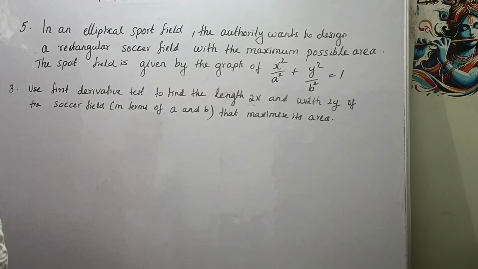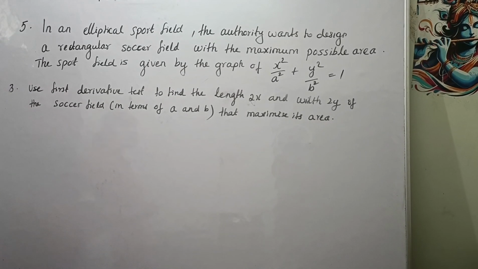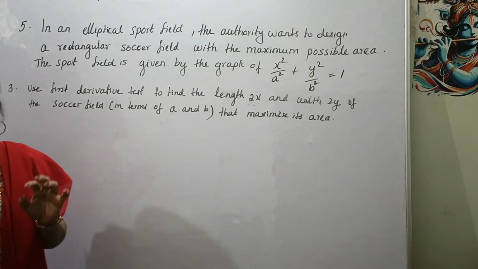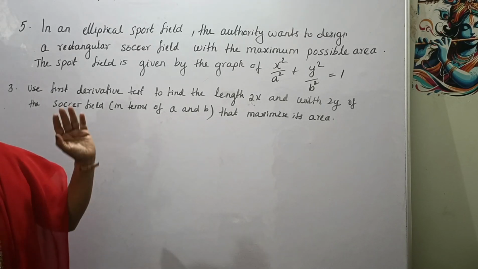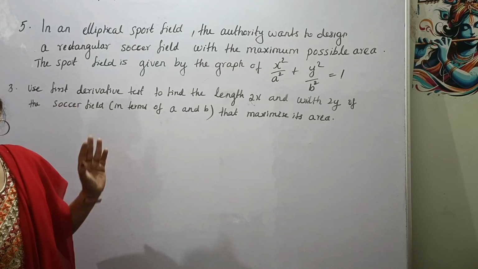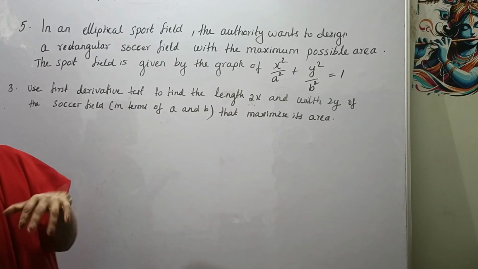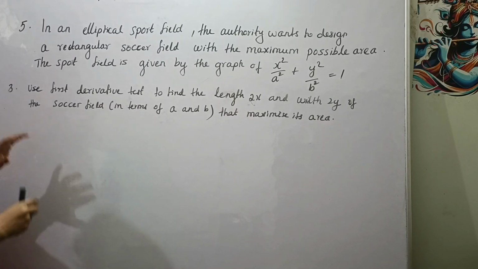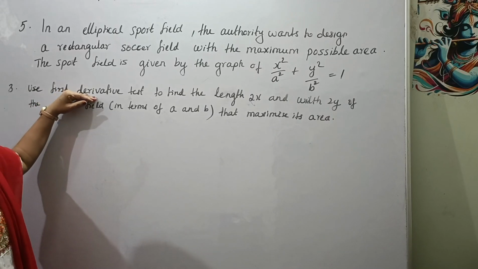Next question, use the first derivative test to find the length 2x and width 2y of the soccer field in terms of a and b so that its area is maximized. Here we have to find the length and width of the rectangular soccer field so that its area is maximum, using the first derivative test.